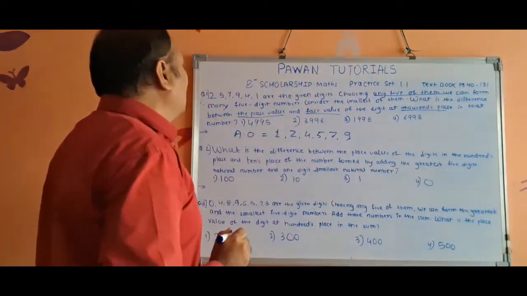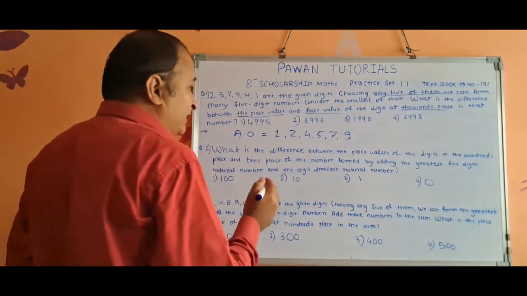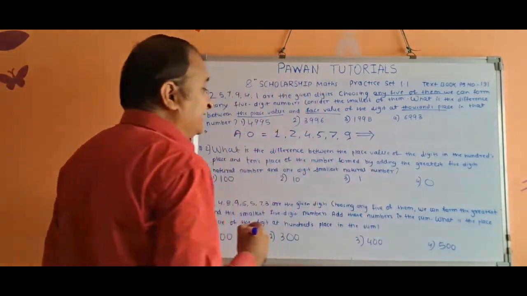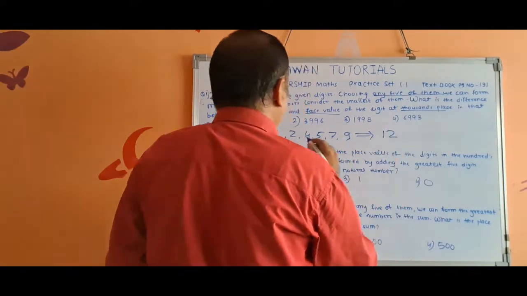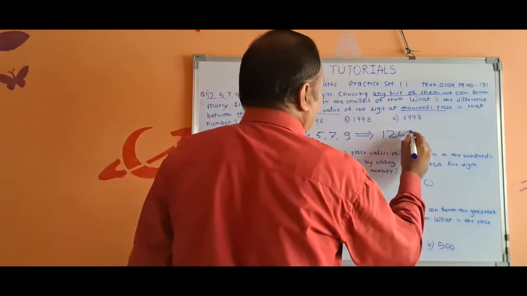So 5 of them means we will select the first 5 digits. So let me write 1, 2, 4, 5 and 7.